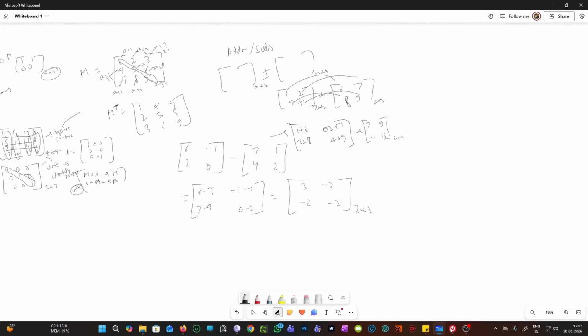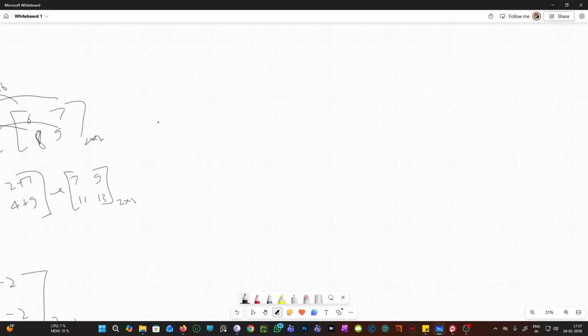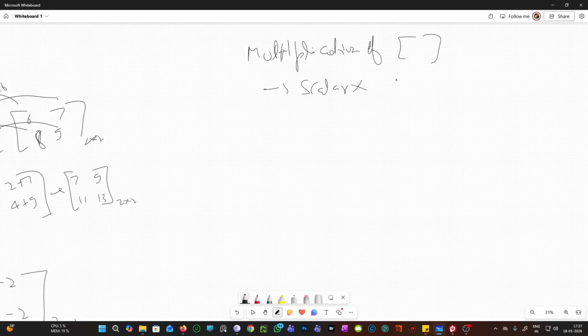Now let's talk about the multiplication of matrices, right? Basically there are two types of multiplication we do. First we do scalar multiplication, which means a scalar multiplied by a matrix.